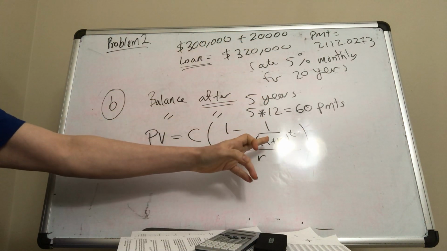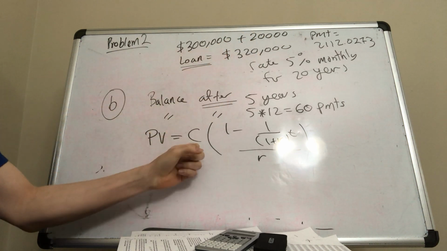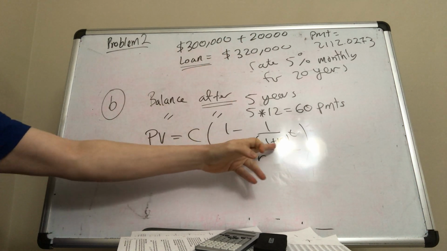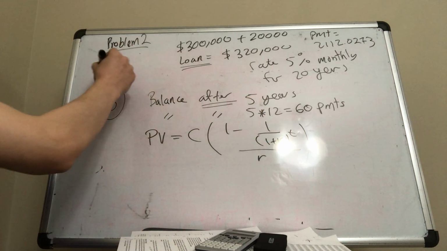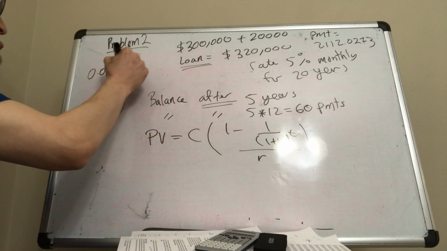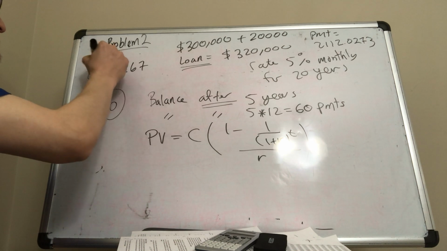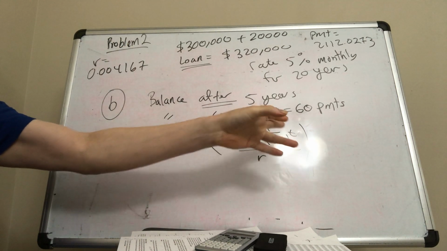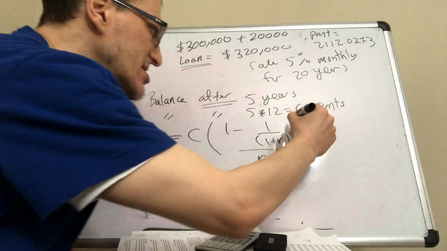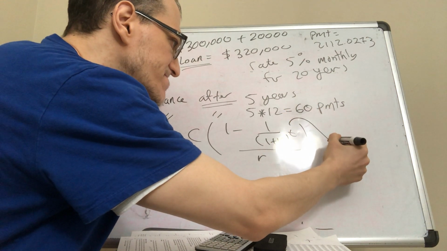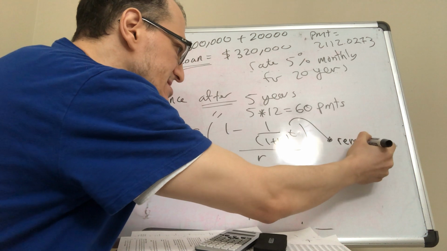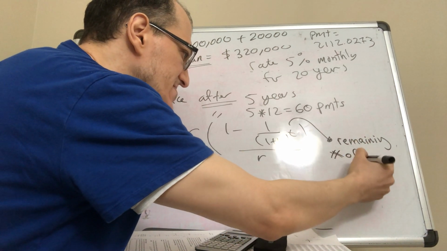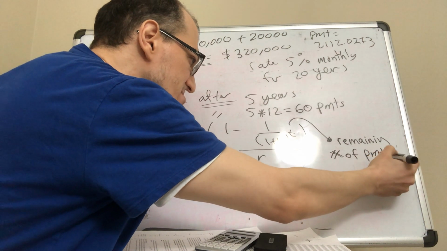We know the payment, 2,112.0273. We know R. R, if you remember, it was 0.004167. And we can figure out T. Remember, for loans, T would be the remaining number of payments.